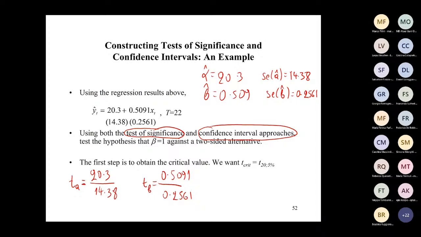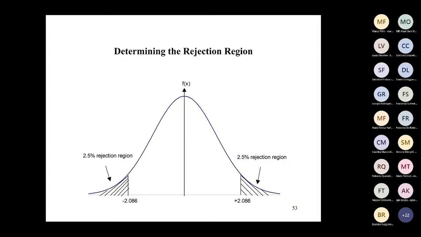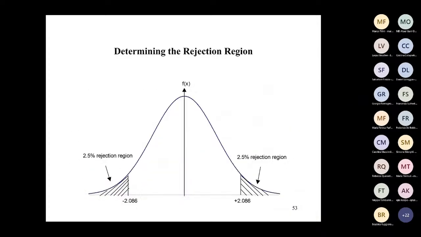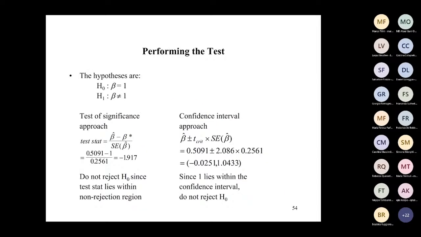So the critical values for this specific case are minus 2.086 and 2.086. Where do I get this number from? Well, these numbers depend on the degrees of freedom. So the test of significance approach gives me, here I'm not testing beta equals 0, I'm testing beta equals 1.